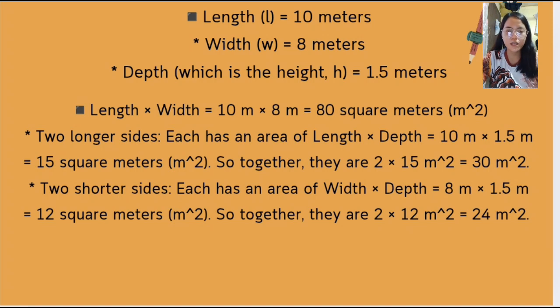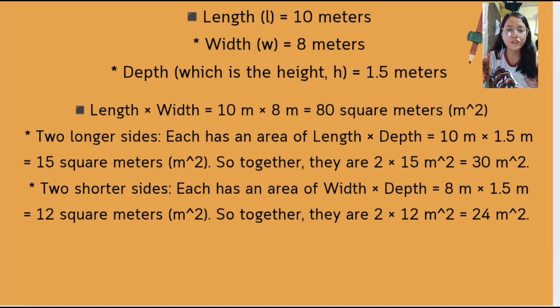A rectangular swimming pool has a bottom and 4 sides. First, identify the dimensions of the pool. Length is equal to 10 meters. Width is equal to 8 meters. Depth, or height, is equal to 1.5 meters. So, let's calculate the area of each surface. Length times width is equal to 10 meters times 8 meters, which is 80 square meters.